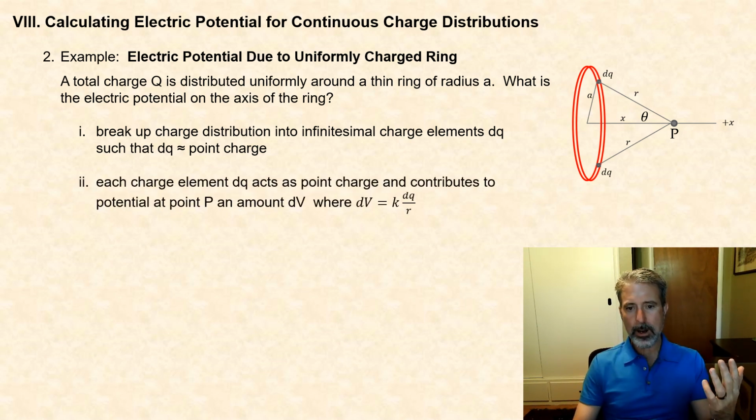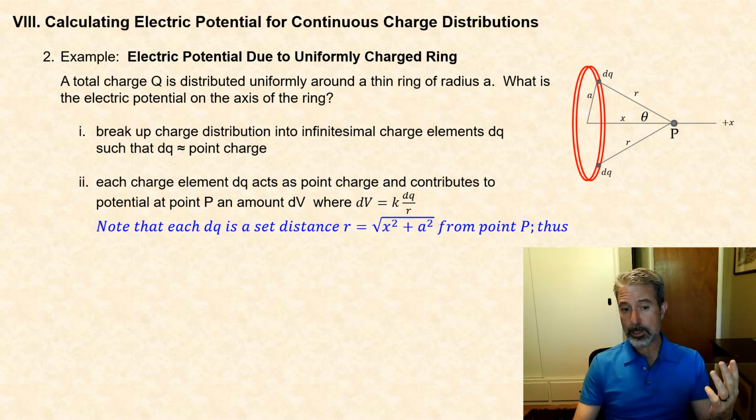Each charge element dq acts as a point charge and contributes to the total potential at point P an amount dV, the infinitesimal contribution to the total electric potential, where dV is equal to k dq over r.